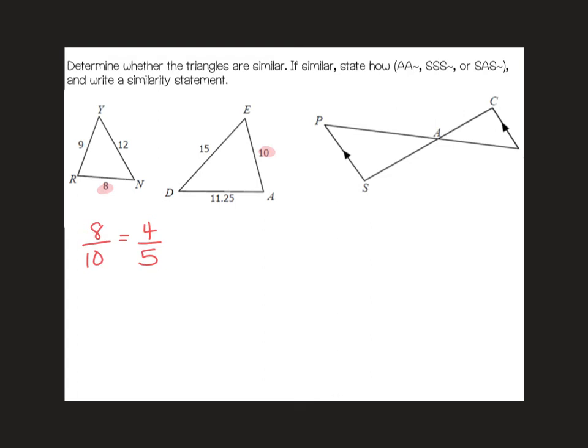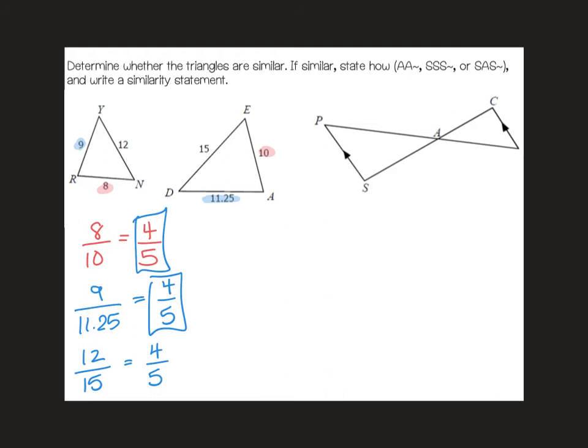So make sure that you're checking smallest with the smallest, middle with the middle. So 9 over 11.25 is also 4/5. And then 12 over 15 is also 4/5. So these are similar because these three are proportional, and it would be side, side, side.